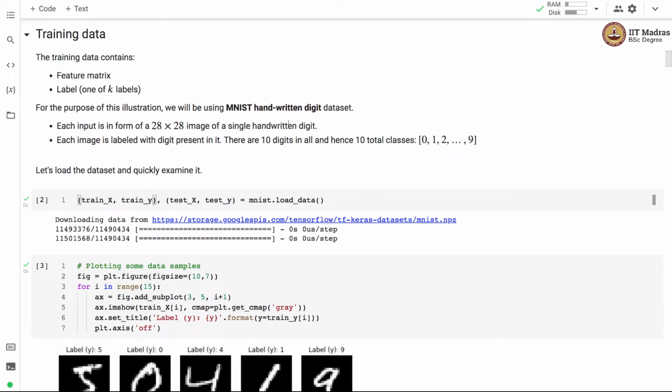For those who are not taking the practices course, the MNIST handwritten digit dataset contains 28 cross 28 images. Each input is in the form of a 28 cross 28 image of a single handwritten digit, and each image is labeled with the digit present in it. So there are 10 digits, hence there are 10 classes, 0, 1, 2, all the way up to 9.